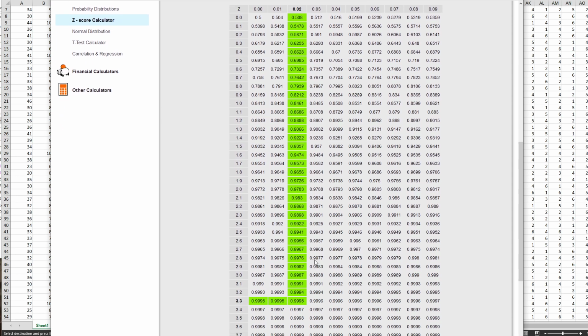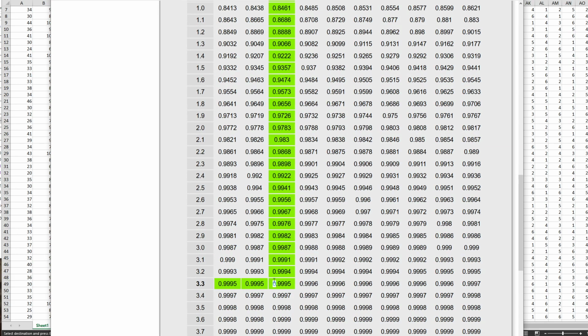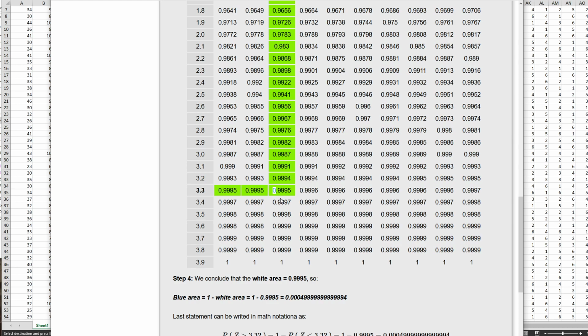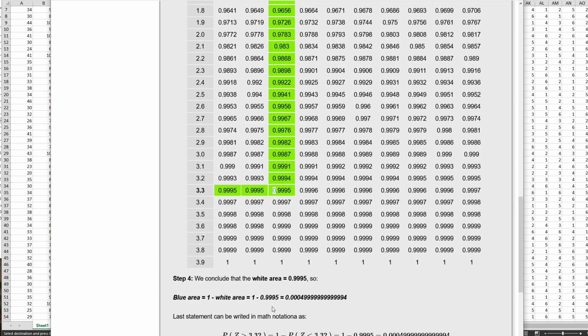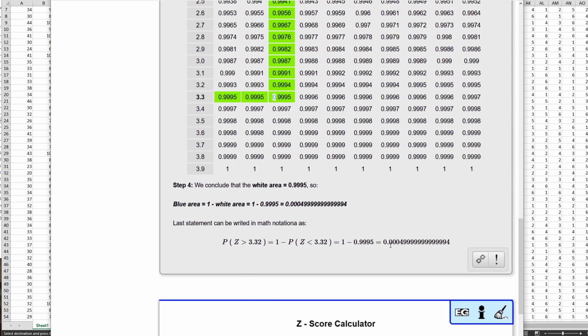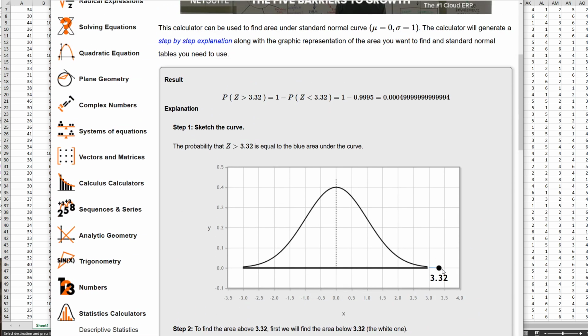So this is the 2, this is the 3.32, and here's the number. And because we're looking at this area, we have to do 1 minus. And that comes out to be, right, so we're looking at this area, above that.